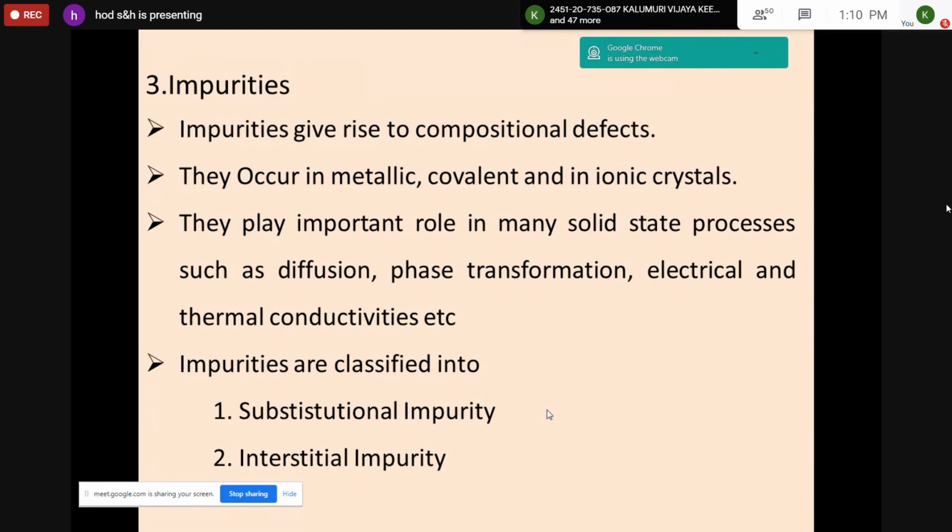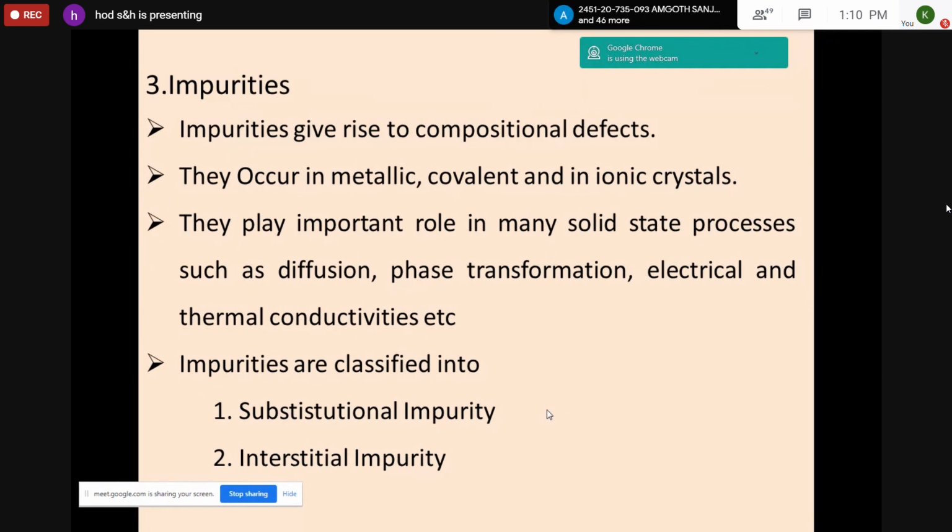All these can be decided by the impurities present in the crystal. Sometimes, without any external source, impurities will be there. Sometimes impurities are deliberately added to certain materials so that you can alter or tailor the properties. So both ways you can use them, because there is an advantage: perfect crystals and irregular crystals, both should be used for certain engineering applications.